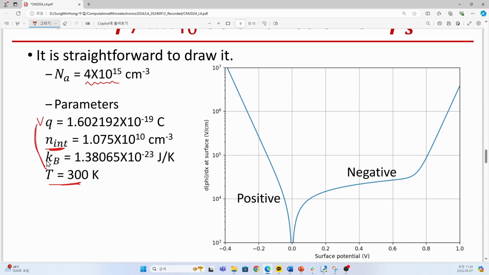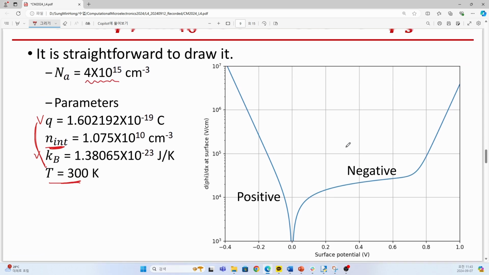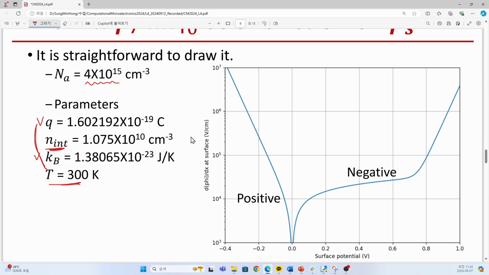Of course, q and kB, they are universal constants. And please note that this is drawn in logarithmic scale.